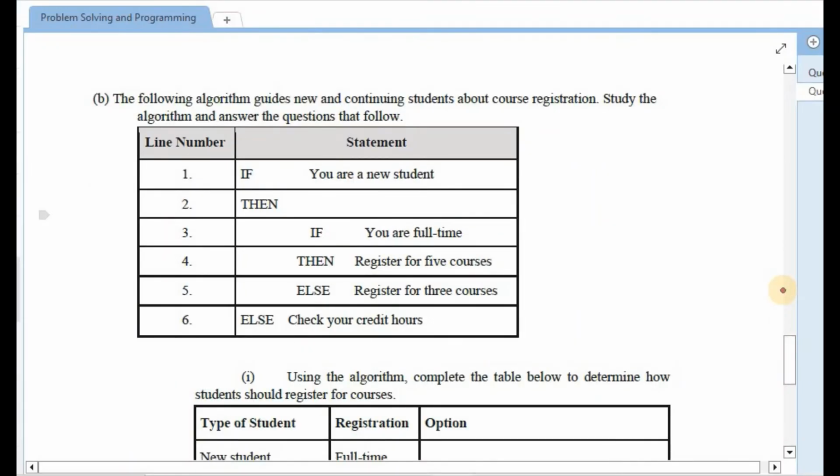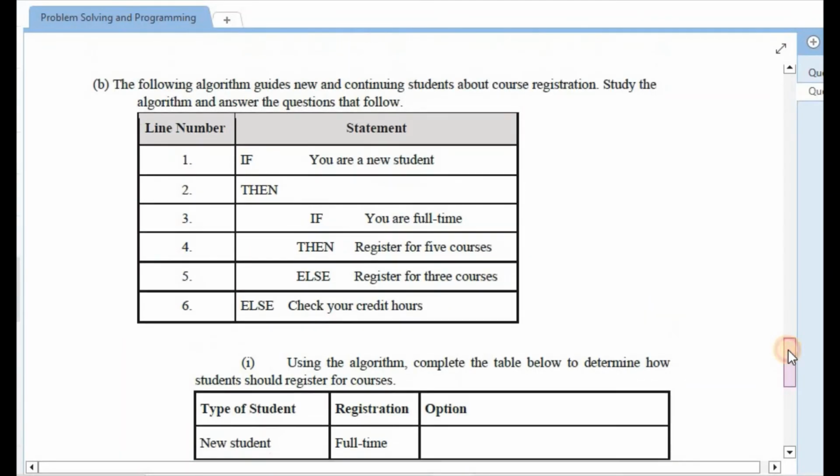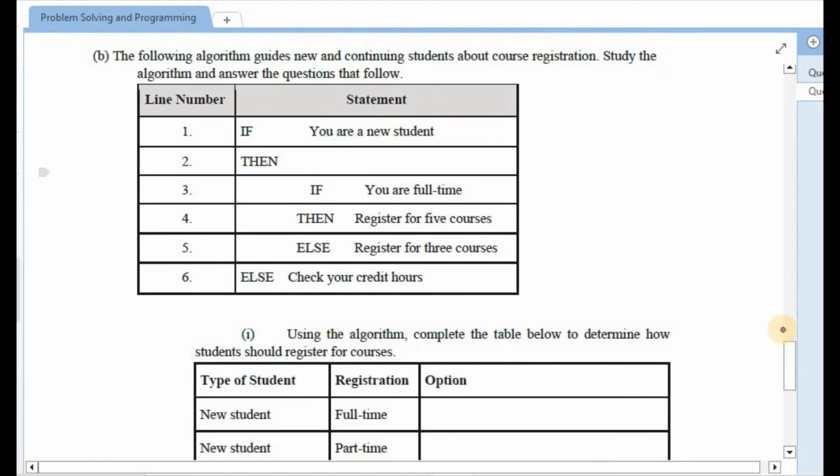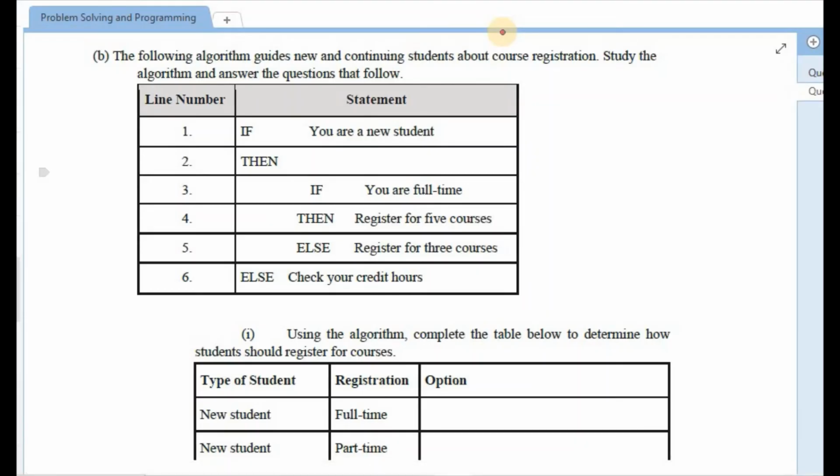Next question, it says that the following algorithm guides new and continuing students about course registration. We are to study the algorithm and answer the question. So the first line, this is similar to the previous code. First line, if you are a new student, then if you are full-time as a new student, still you would register for 5 courses.